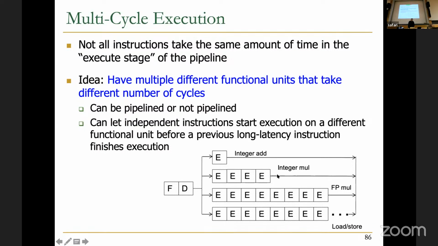You can go to the integer multiplication unit and use that unit to execute. Or while you are operating on an integer multiplication, you receive another addition. You can proceed and run that because you are using a different functional unit for addition. So in the end, this processor design can heavily increase your throughput.